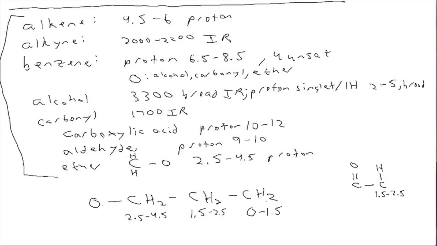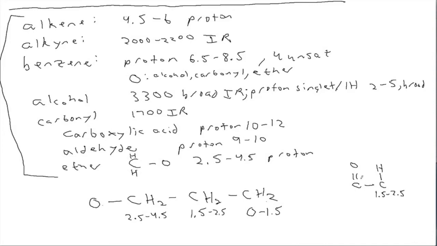I'm not putting it down here because I wanted to put the particularly helpful and distinctive regions. If you see a 1.5 to 2.5 hydrogen, that doesn't tell you you have a ketone, whereas if you see a 9 to 10, that tells you for sure you have an aldehyde. So these are especially helpful to put down, but that doesn't mean we want to have amnesia about this. Once you know it's a ketone, you can usually identify the hydrogens closest to the carbonyl because they should be pulled a little to the left.